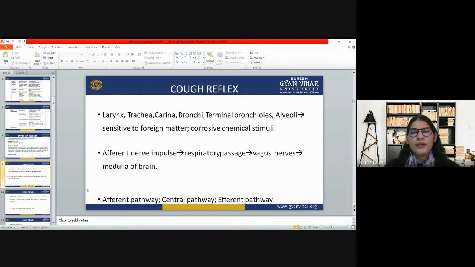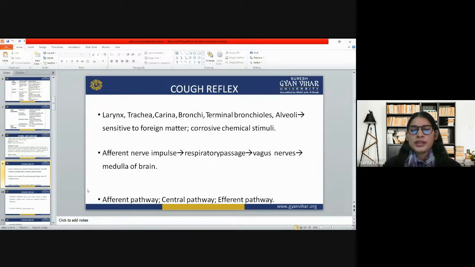What is the cough reflex? The pharynx, trachea, carina, bronchi, terminal bronchioles, and alveoli are sensitive to foreign matter and corrosive chemical stimuli. So what happens?